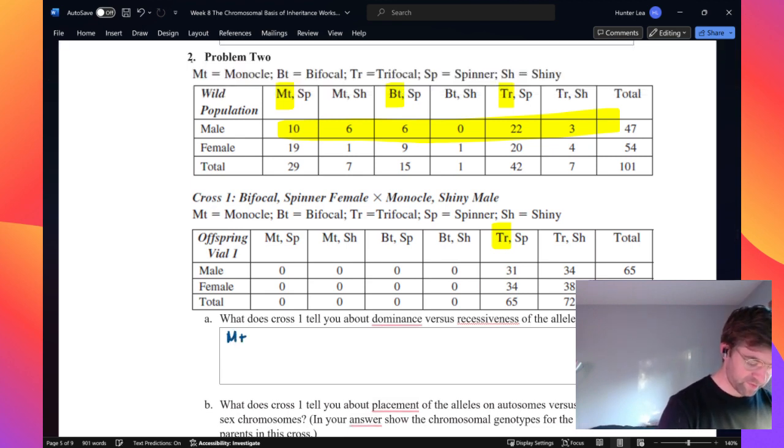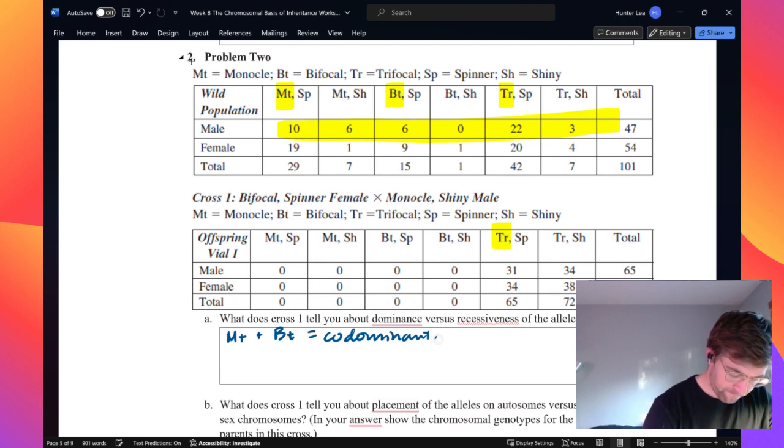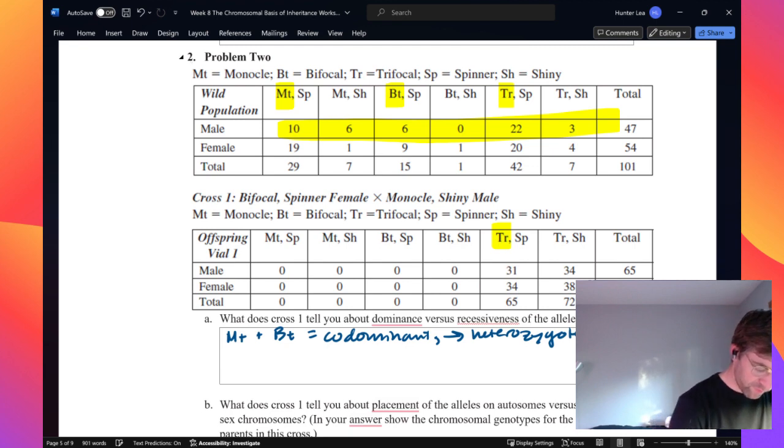So monocle and bifocal are codominant with the heterozygote producing trifocal.